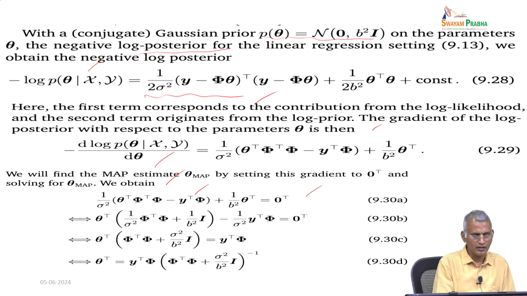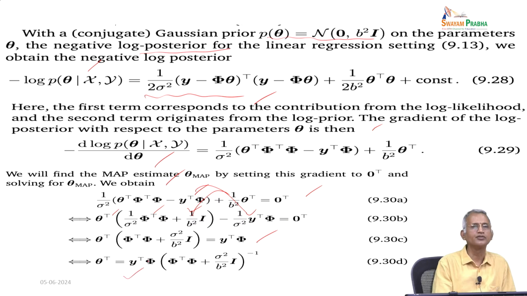Therefore, bring 1 by sigma square to one side and take theta transpose outside. So, theta transpose into (1 by sigma square phi transpose phi plus 1 by b square I), and then bring this term here: 1 by sigma square y transpose phi equal to 0. Therefore, theta transpose into (phi transpose phi plus sigma square by b square into I) equal to y transpose phi, where sigma square is taken outside and cancelled.